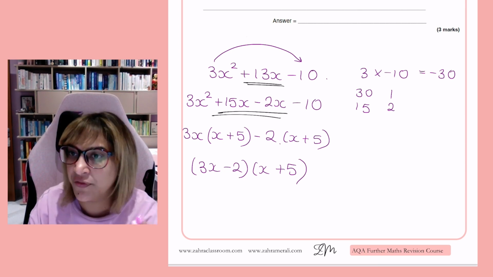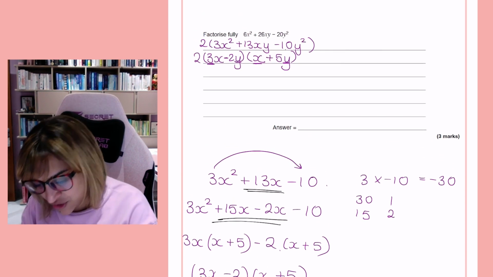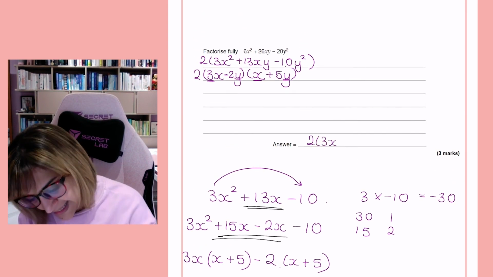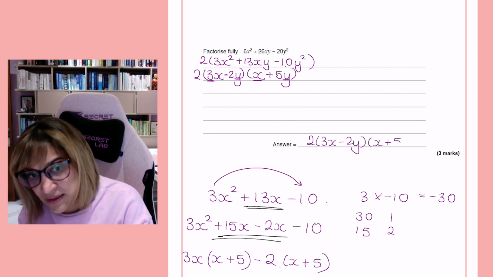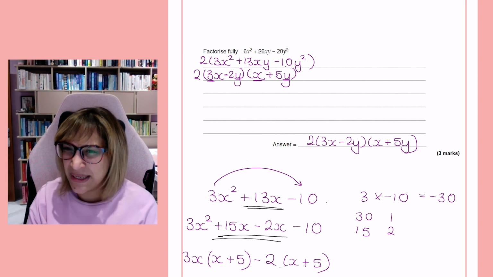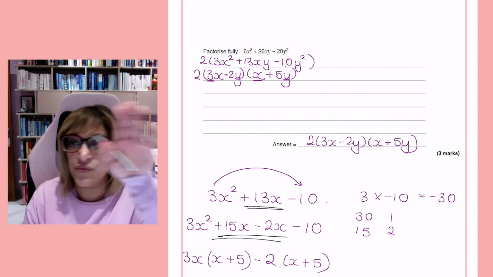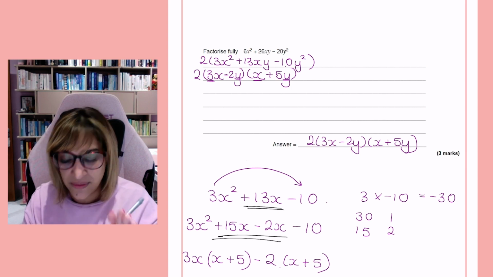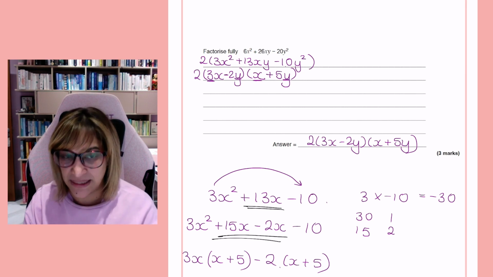That's also a perfectly valid method. So my final answer, don't forget the 2 there, is 2 times 3x minus 2y, x plus 5y. I hope that makes sense and I haven't overcomplicated it. But if you find that difficult, get rid of one of the letters, the one that's at the end, factorize and stick it back in again.